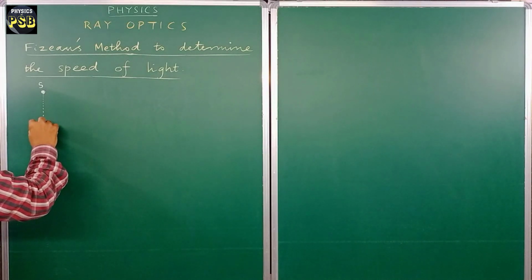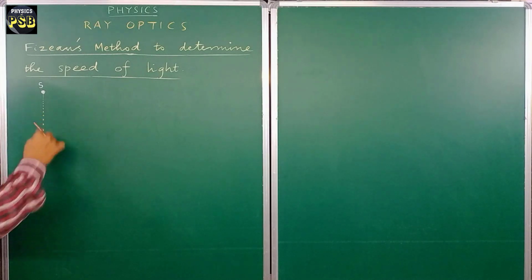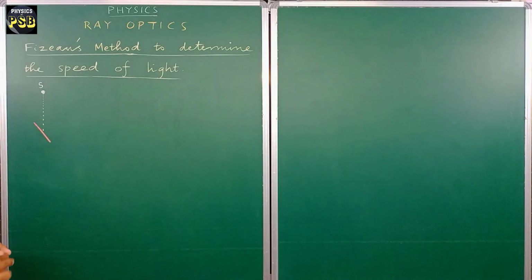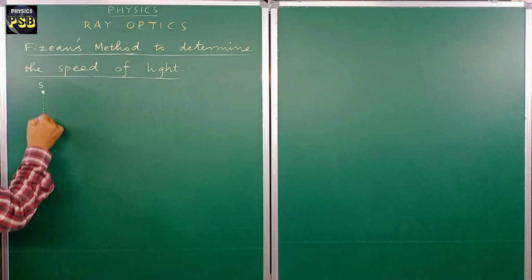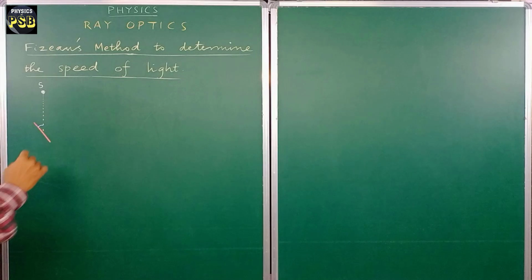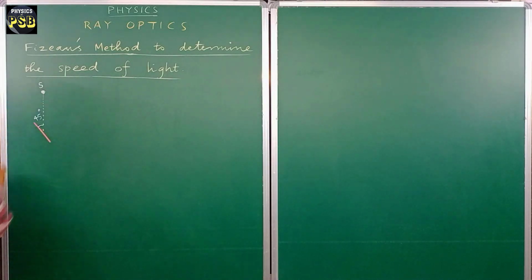This glass plate is inclined at an angle of 45 degrees and it is partially silvered. Here the angle between the incident ray and the glass plate is 45 degrees.